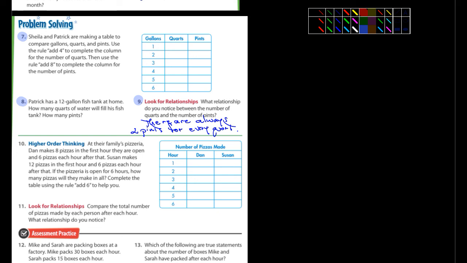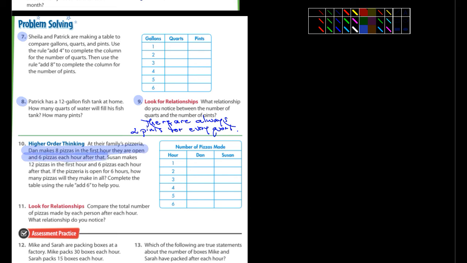At their family's pizzeria, Dan makes 8 pizzas in the first hour they are open, and 6 pizzas each hour after that. Susan makes 12 in the first hour and 6 pizzas each hour after that. So Dan here, 8 pizzas and then 6 each hour.